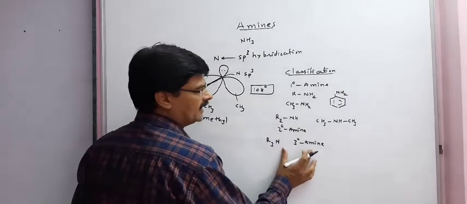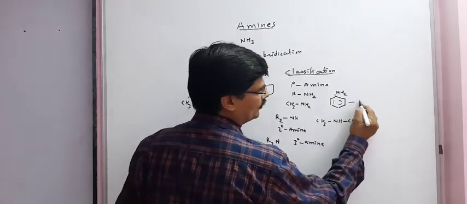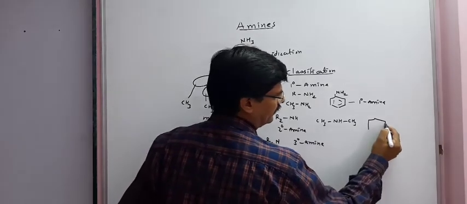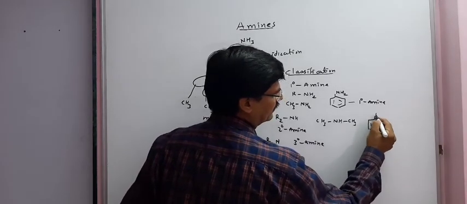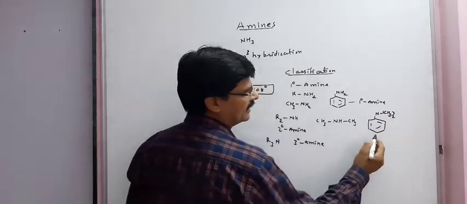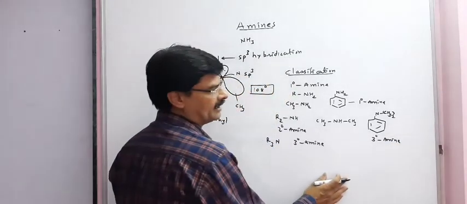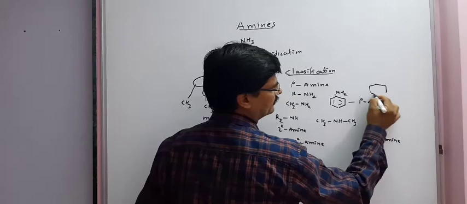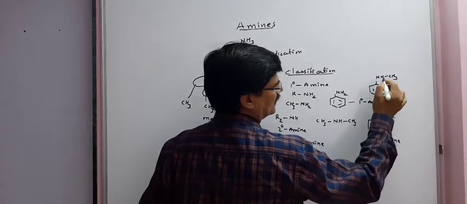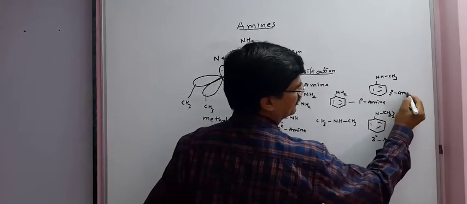The same is possible for aryl compounds also, that is aryl amines. This is a 1 degree amine, an aromatic amine. If we write N(CH3) twice, then this is said to be a 3 degree amine or tertiary amine. And if we write NHCH3, then it is said to be a 2 degree amine.